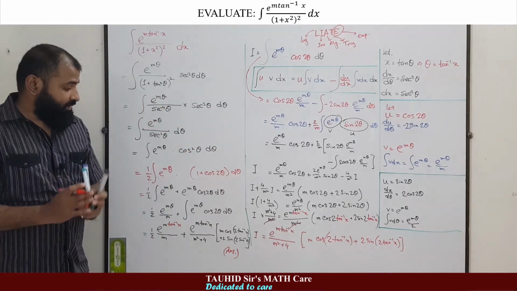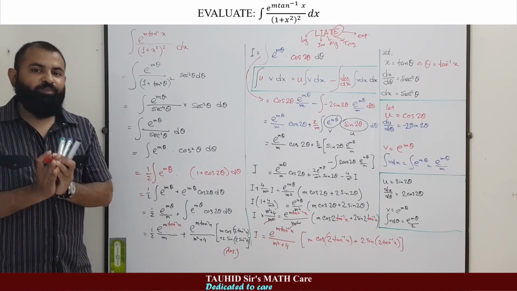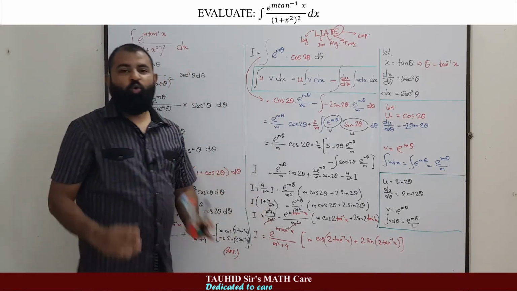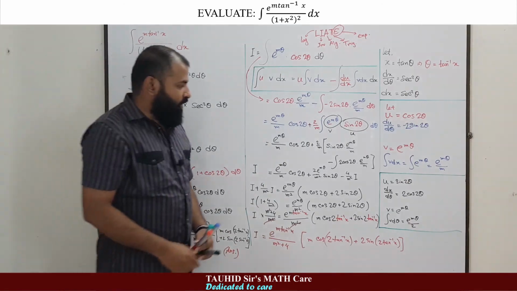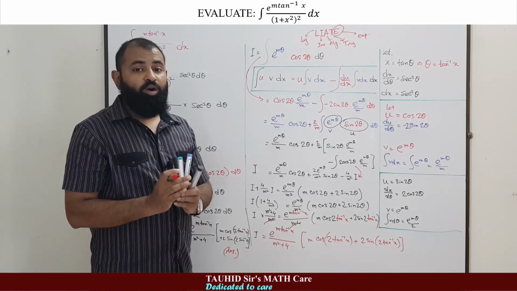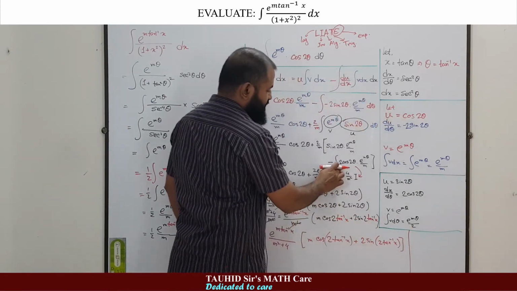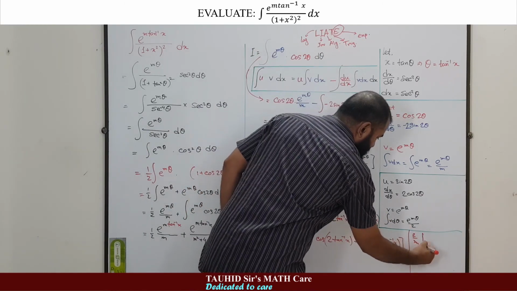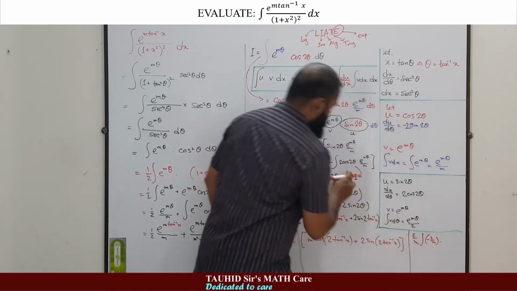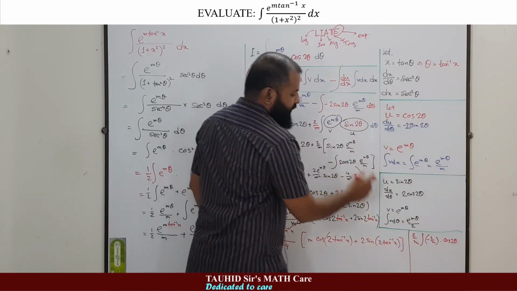Here you can see that this math is significantly large and significantly complicated. For some of you this portion is too difficult to understand. One of these things is, why did I convert this to this? Some of you may have this question. So I am showing you that this value is 2 by m integration of minus 2 by m into cos 2 theta into e to the power m theta.